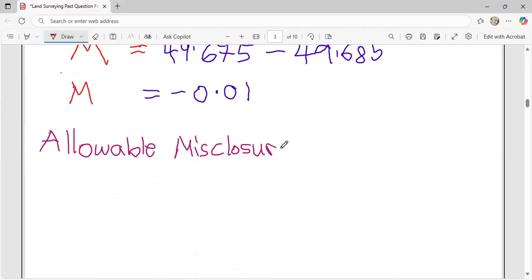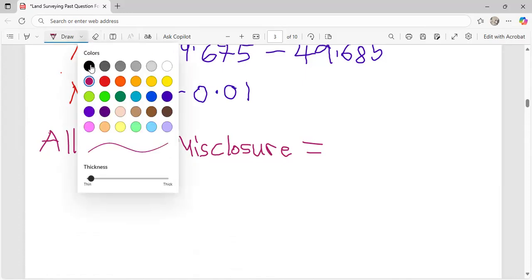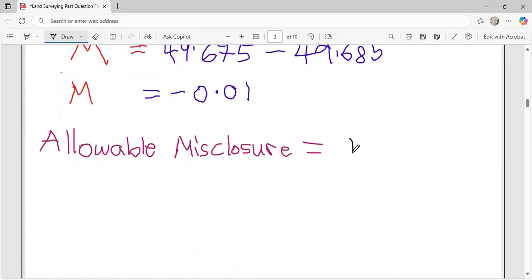And the allowable misclosure now, if the misclosure is negative 0.01, then it means that our allowable misclosure is going to be positive 0.01. Better still, let me use a different color pen to denote that for you so that you can have a clear view of that.